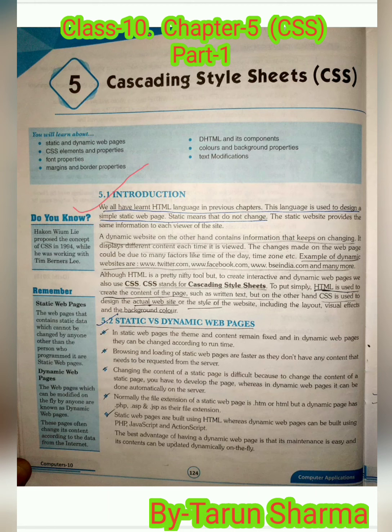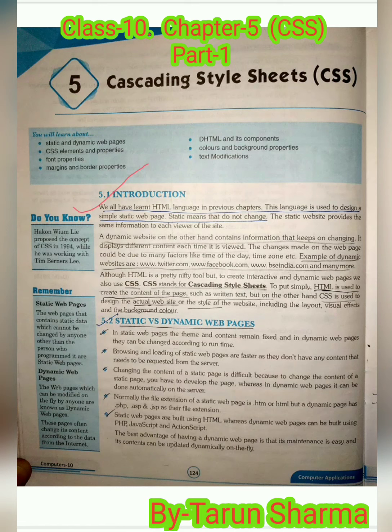Okay, a dynamic website, on the other hand, contains information that keeps on changing. It displays different content each time it is viewed. Examples of dynamic websites are twitter.com and facebook.com and others. In case of dynamic, we can change.